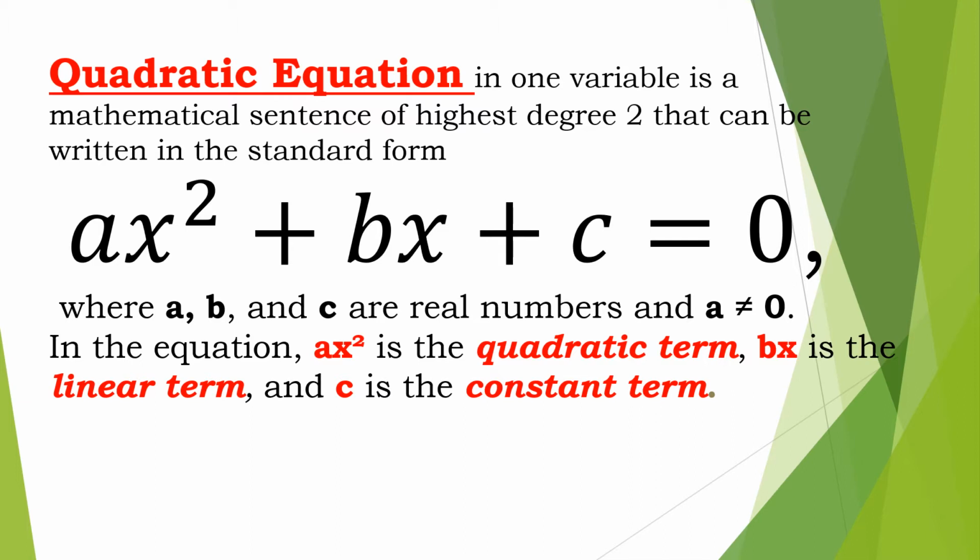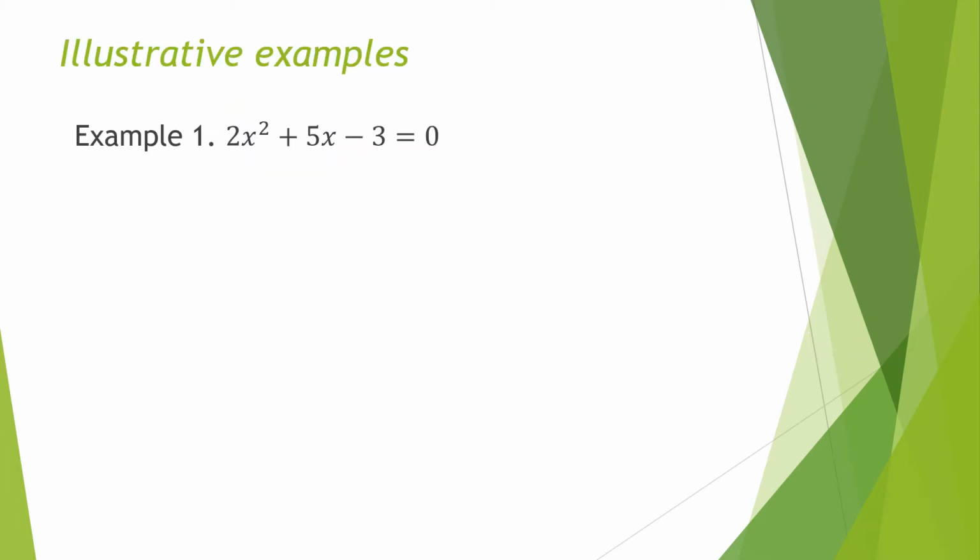So remember that a, b, c are the numerical coefficient of a quadratic equation. In the equation, ax squared is the quadratic term, bx is the linear term, and c is the constant term. So let's have some examples.